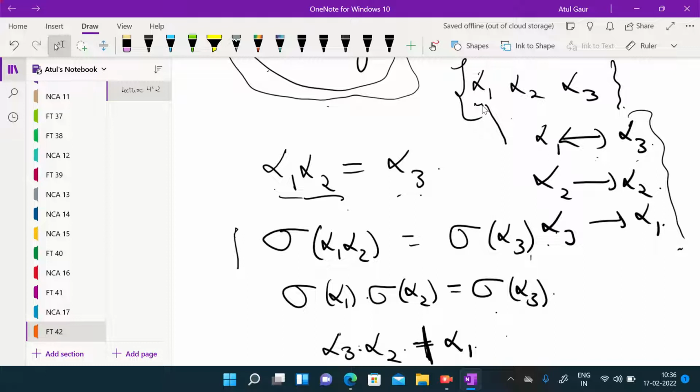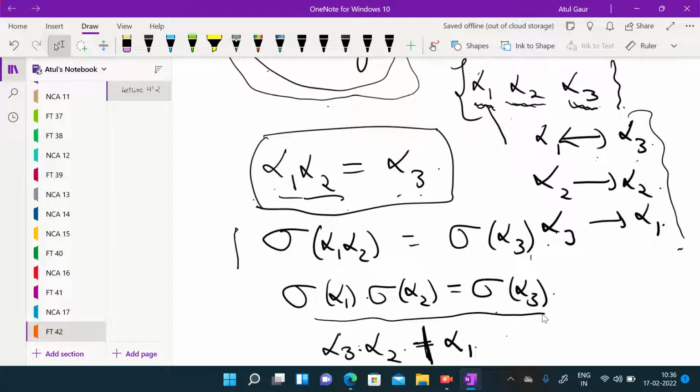Are you getting? Suppose you have a degree 3 polynomial with roots alpha 1, alpha 2, alpha 3, और सपोज के रूट्स के बीच में ये रिलेशन है, तो कोई भी ऑटोमॉर्फिज्म होगा वो इस इक्वेशन को सेटिस्फाई करेगा.